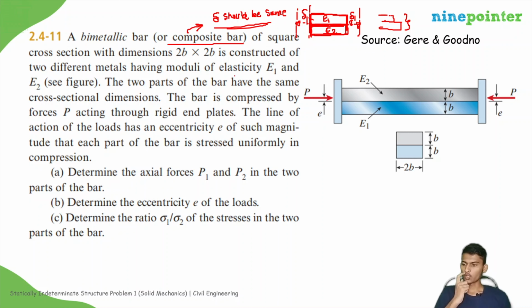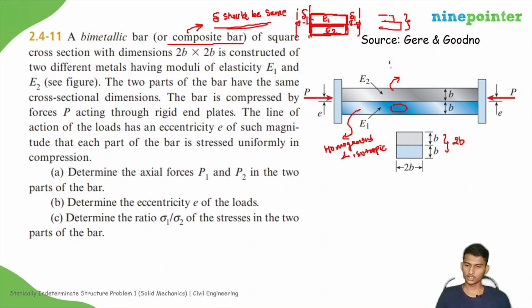Of square cross section with the dimensions 2b, this is also 2b, 2b into 2b. It is constructed of two different metals having modulus of elasticity E1 and E2. See, this entire bar has modulus of elasticity E2, this entire bar has modulus of elasticity E1. So this material is entirely homogeneous and isotropic with modulus of elasticity E1.